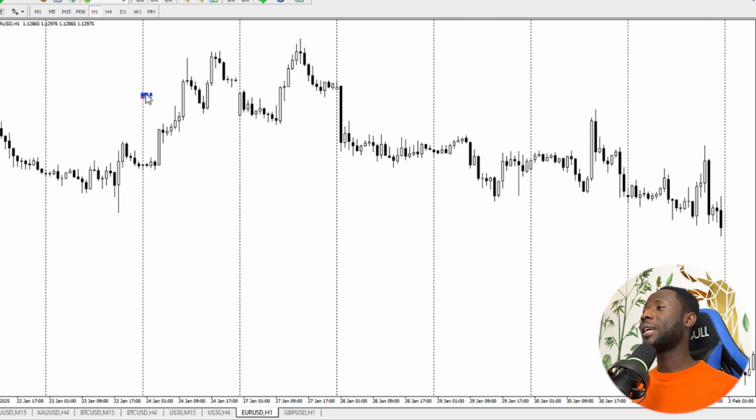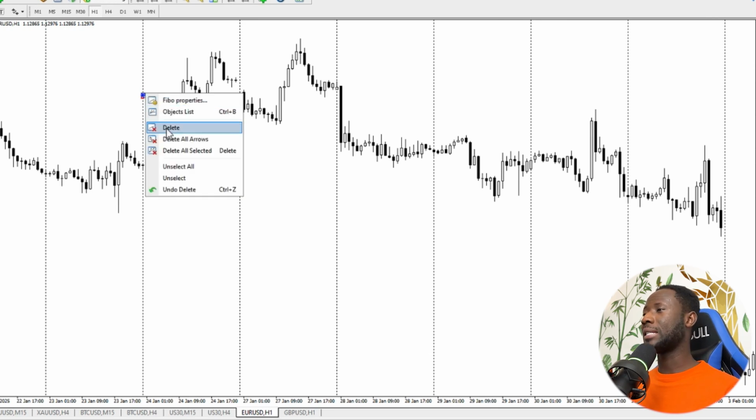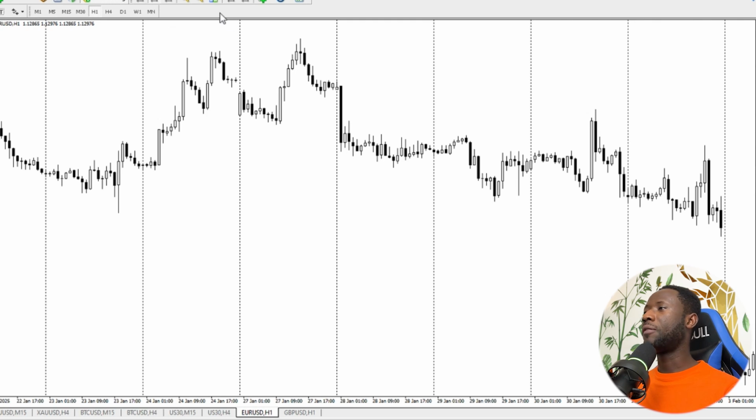Does the market always respect the A+ setup? No. But most of the time, when A+ setups come out and the market plays out as expected, they bring you the profit that you expect.